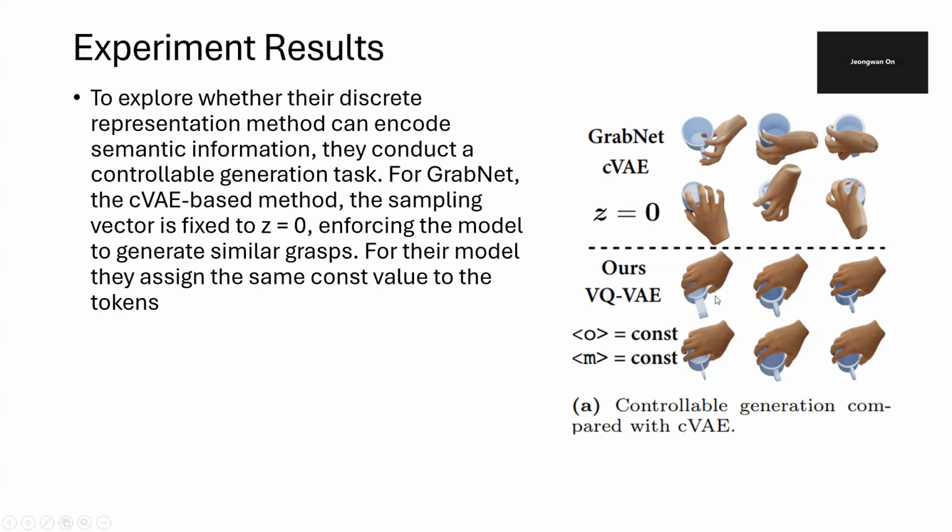For GrabNet's conditional VAE, the grasps vary a lot depending on the mug type, but in their model, since it's a mug, even though the mug type varies, the grasp is the same, indicating that their model has better semantic understanding of the object features.